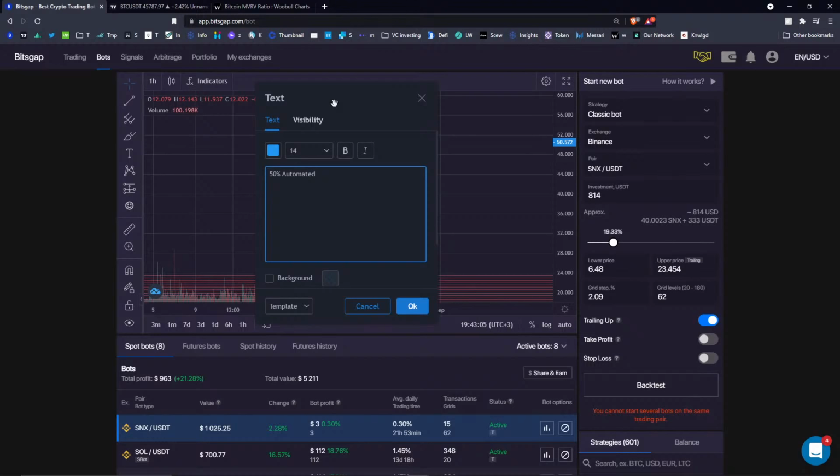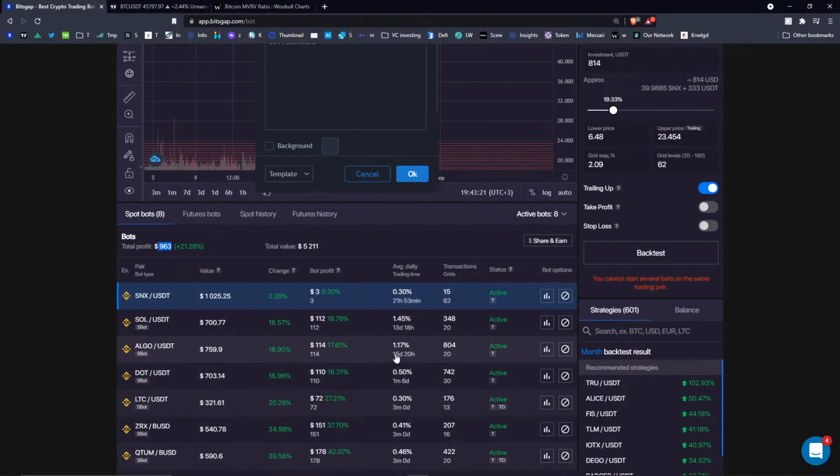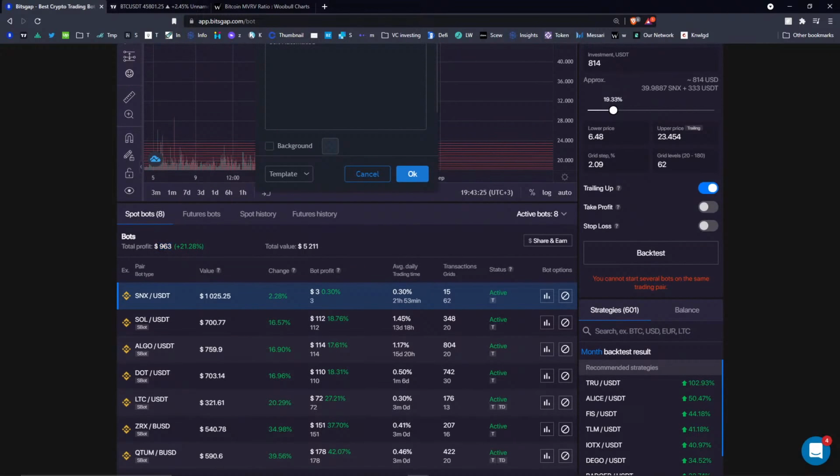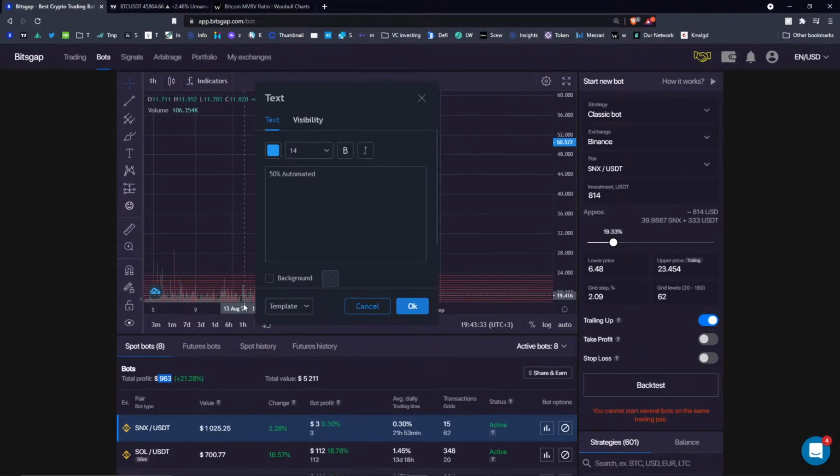That means I can buy at a better price and sell at a better price, and I have this realized return on a daily basis. So I get this money flow to my balance every day. So far that's $963 I made for the last 3 months, I guess. But it doesn't take into account those strategies that I already closed, so in reality it's more than that. I think it's around 1,400 or something.